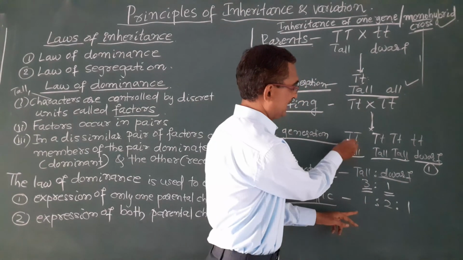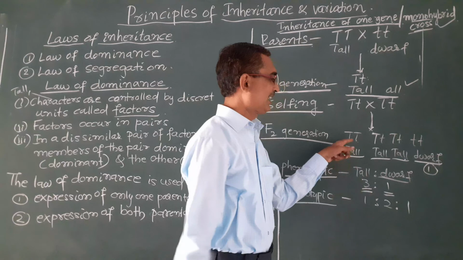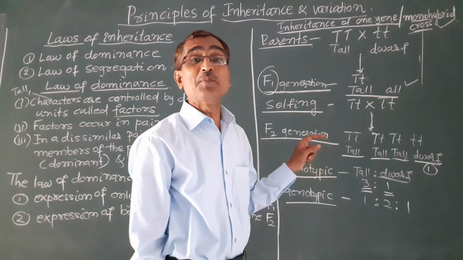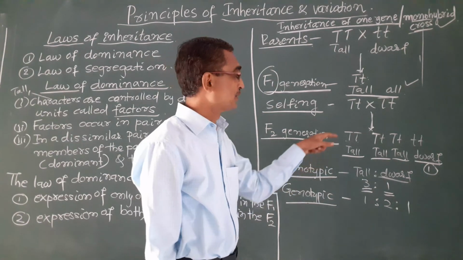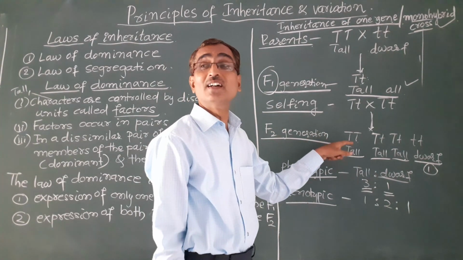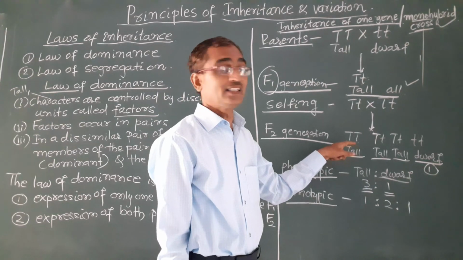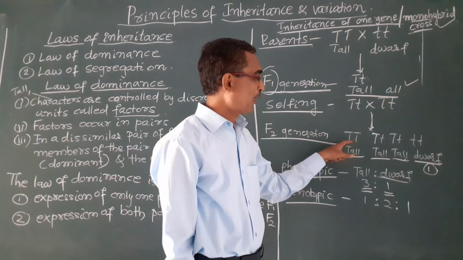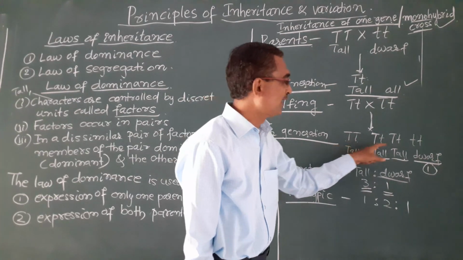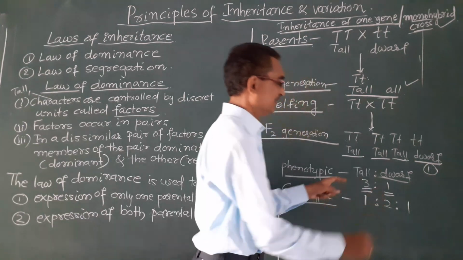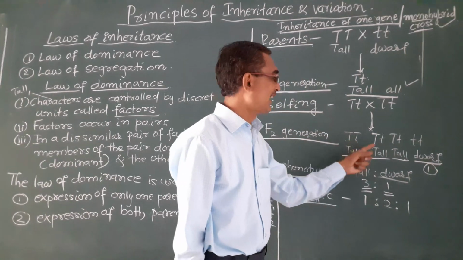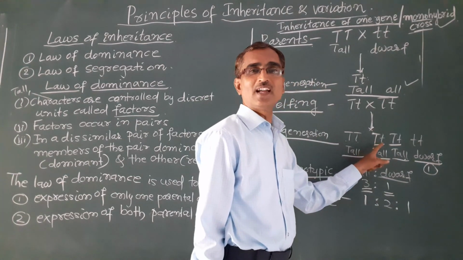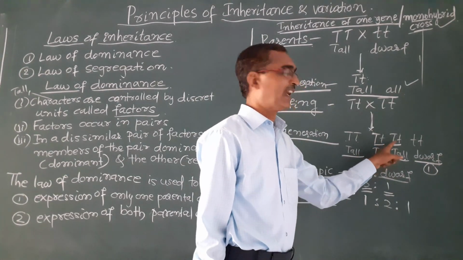Likewise, the genotypic ratio. Genotypic means the genetic makeup of the plant. Here you see this tall plant having capital T and capital T, a homozygous tall. How many such plants are there? Only one. Next, these two are also tall, with capital T and small t.